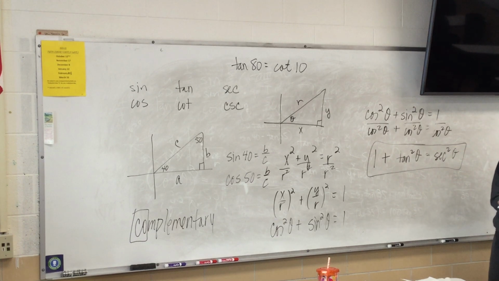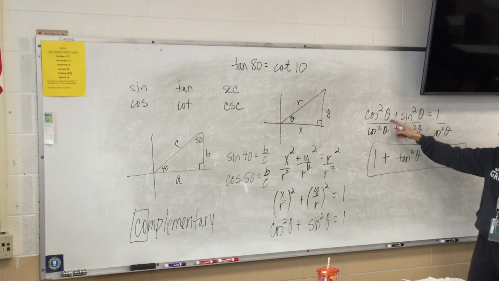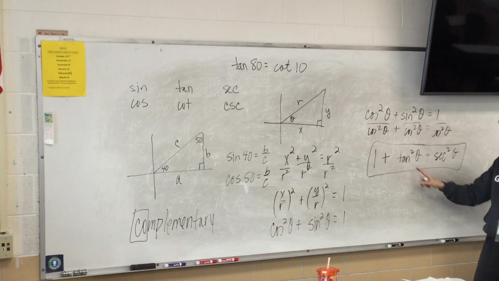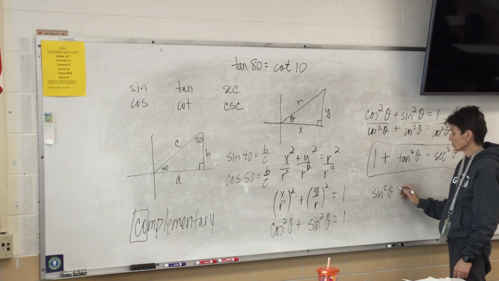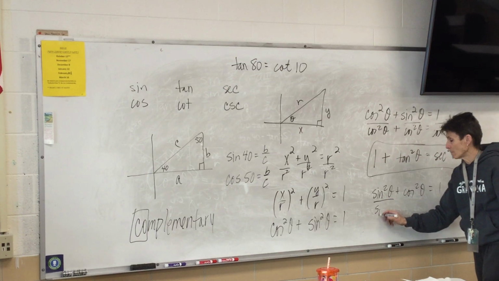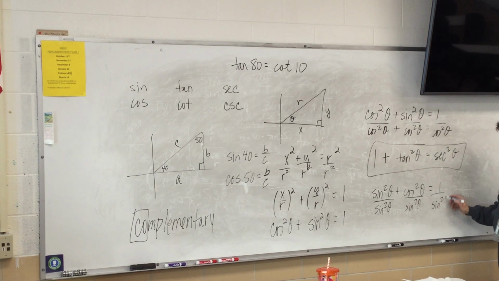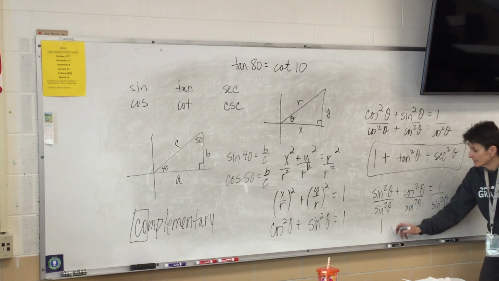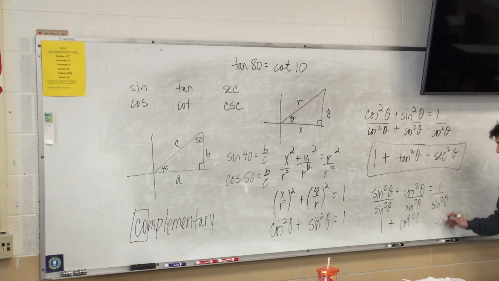So a Pythagorean identity, first of all, they're all squared, Pythagorean theorem, and you have one that links sine and cosine. You have one that links tan and secant. And then if we go back to the original identity, sine squared plus cosine squared is 1, and this time we divide it all by sine squared, we get the other Pythagorean identity, which is 1 plus cotangent squared equals cosecant squared.